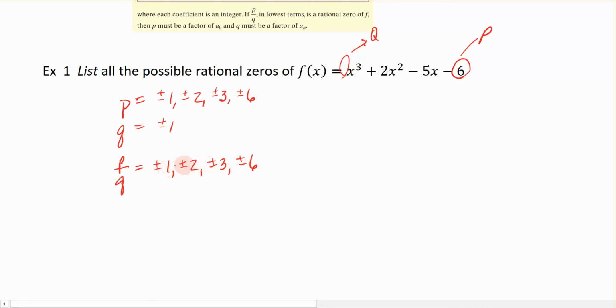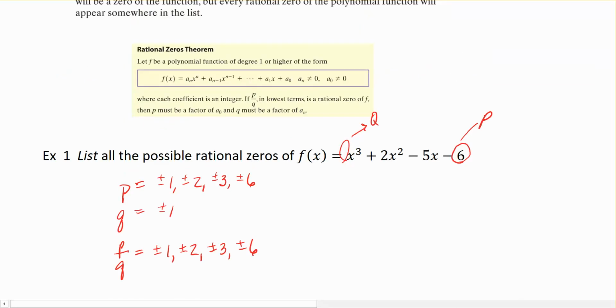There are 4 numbers and a plus or minus for each of them, so there are 8 possible zeros that we can have for this polynomial function.